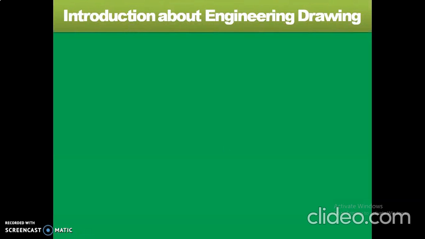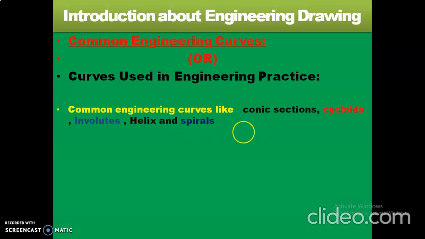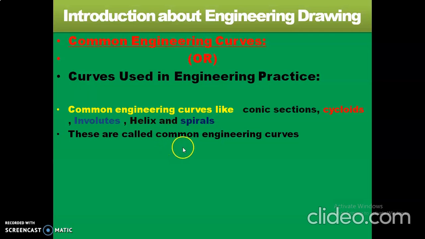Once again listen. What are the common engineering curves? Conic sections, cycloids, involutes, helix and spirals. These are called common engineering curves. These curves are generally used for design practice.